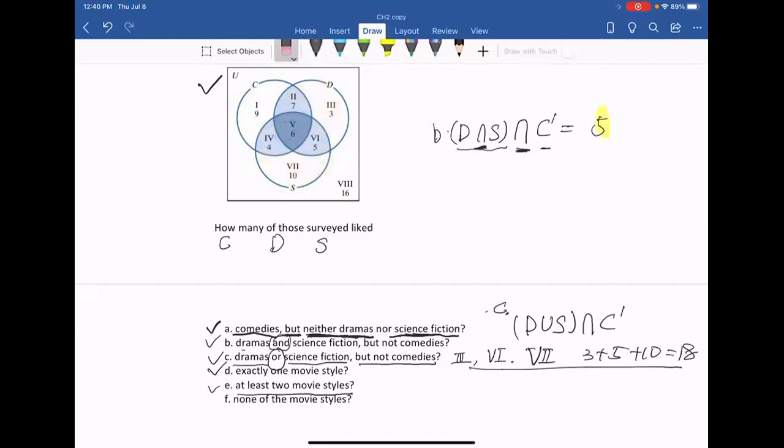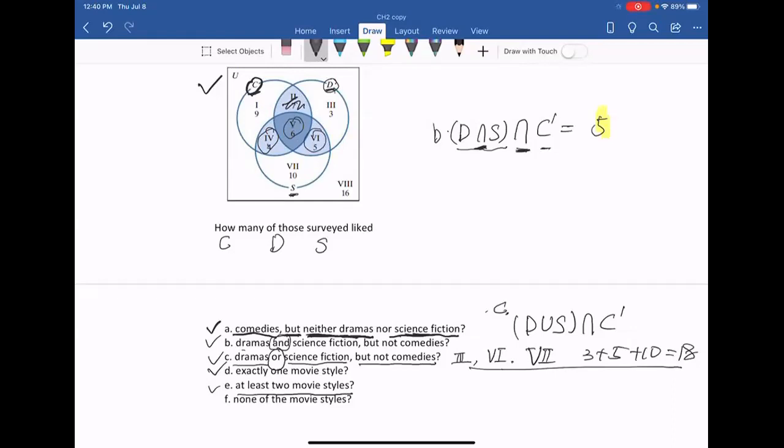The meaning of at least two movie styles: this region here and here, because in this area they have two movie styles, like comedy and drama, and this part means all three kinds of movies, and this region like comedies and science fiction, and this region like science fiction and drama.